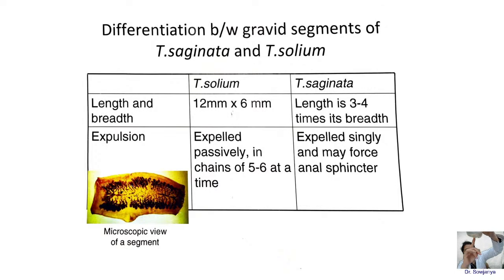But here, you can appreciate the different segments based on their length and breadth. So this is the tapeworm. And this is the gross specimen of just the proglottids, not the entire worm, but just the proglottids, which can be appreciated.